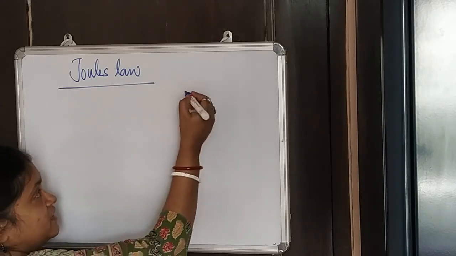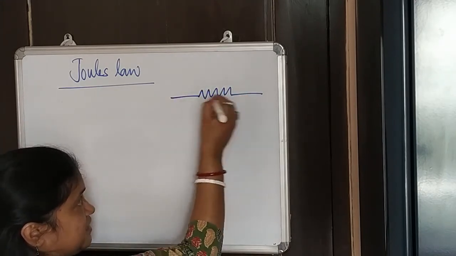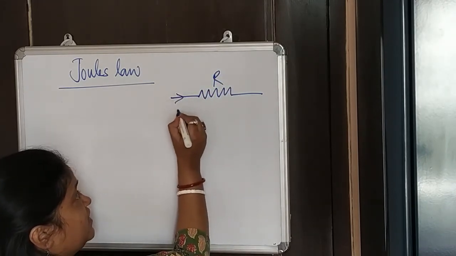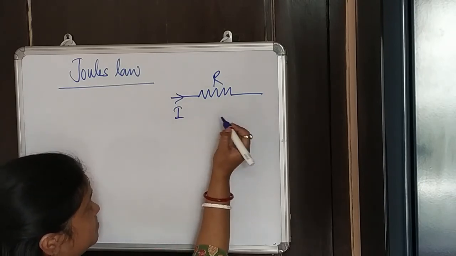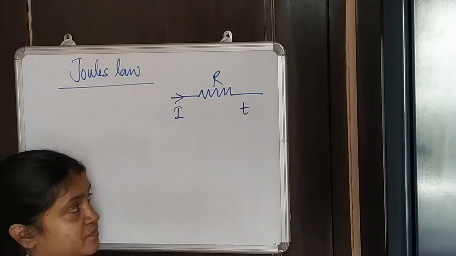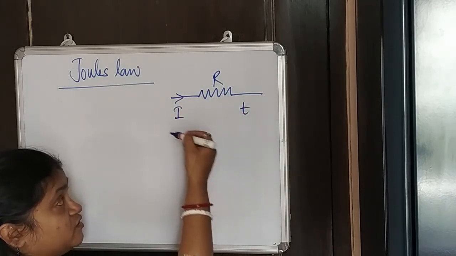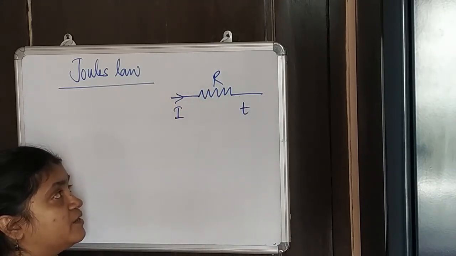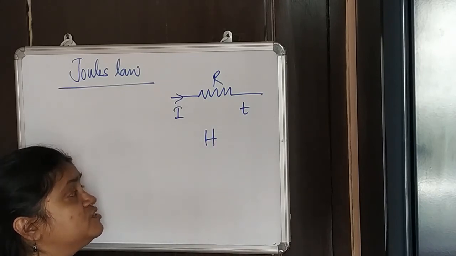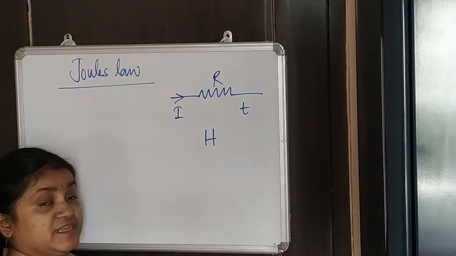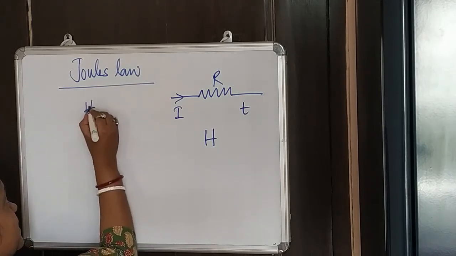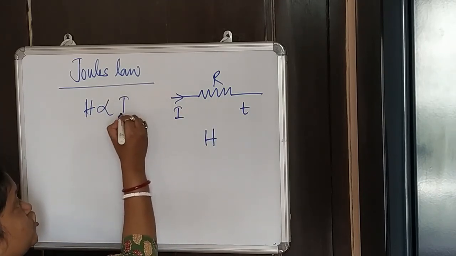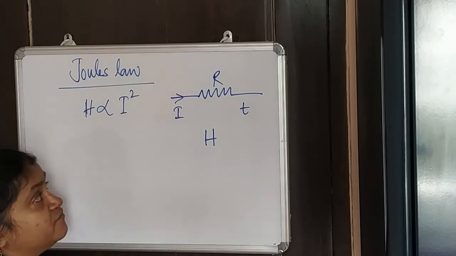According to Joule, if there is an electric circuit which has R amount of resistance and I amount of current is flowing, suppose for a time t, and because of this current flow through the circuit with the resistance R, there is heat produced, which is H. Then according to Joule, the amount of heat produced in the circuit will be proportional to the square of current flowing through the circuit.